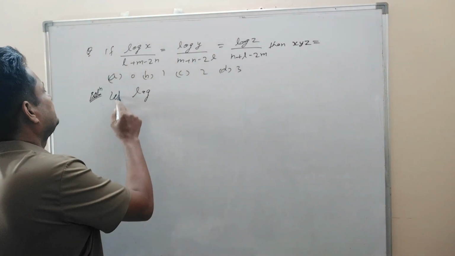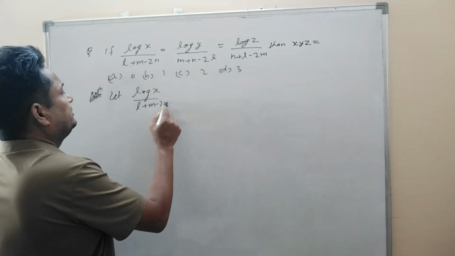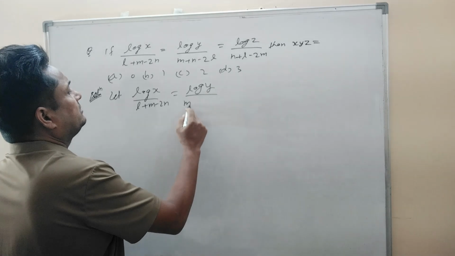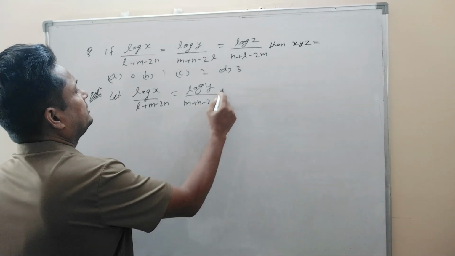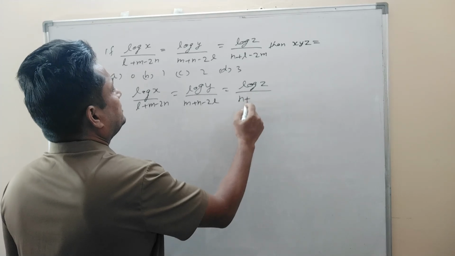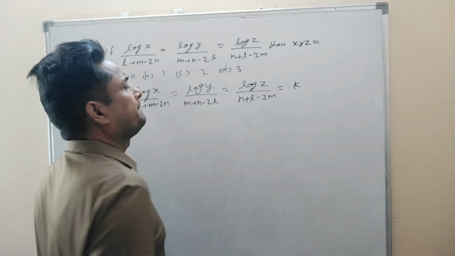let log x divided by (l + m - 2n) is equal to log y divided by (m + n - 2l) is equal to log z divided by (n + l - 2m) is equal to, let's say, k.